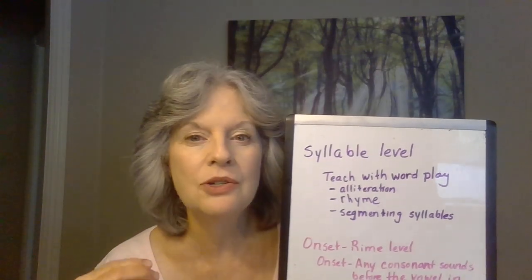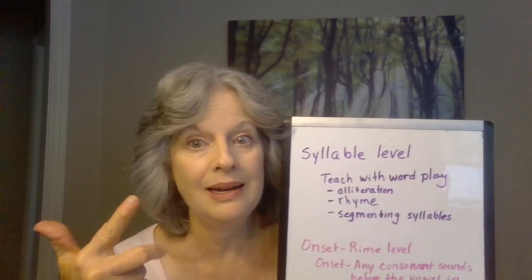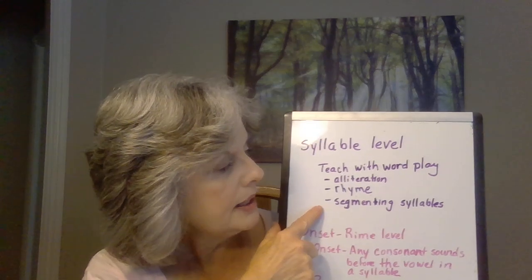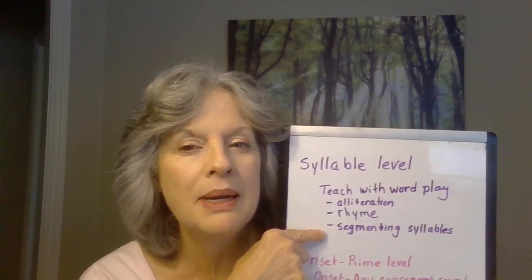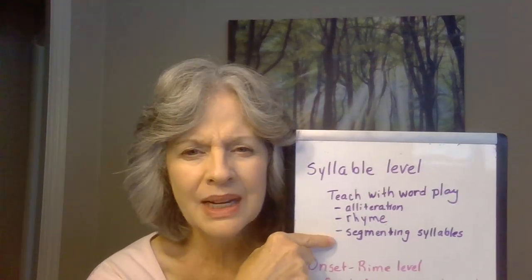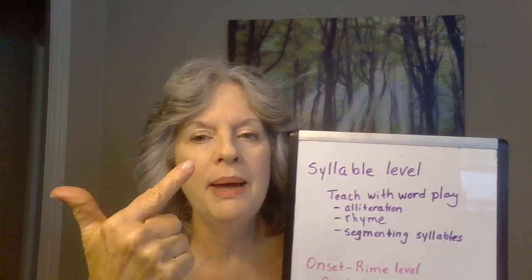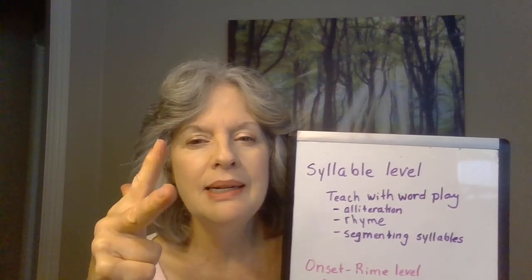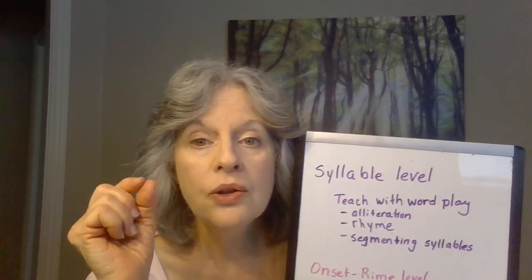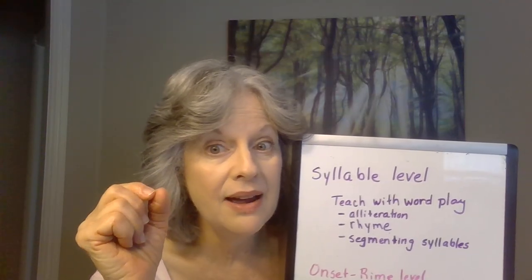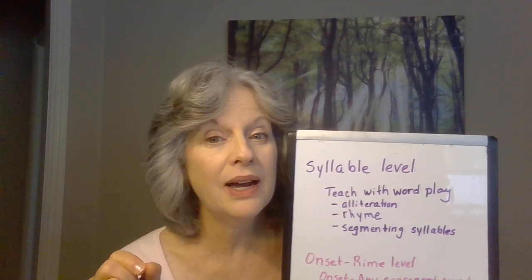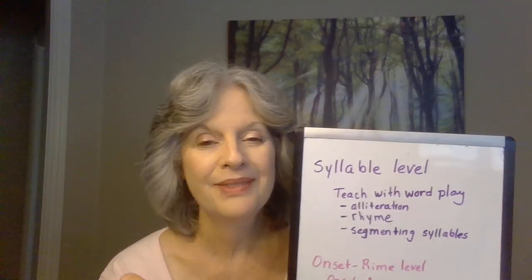That will make it easier to learn how to read cat, sat, and mat. All right, and then we teach them how to segment syllables. And I've demonstrated that with my name several times. My name is Rebecca. That's three syllables. All syllables have a vowel in them. If it doesn't have a vowel, it can't be a syllable.